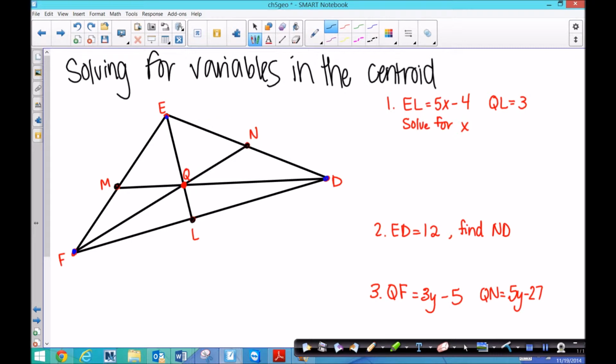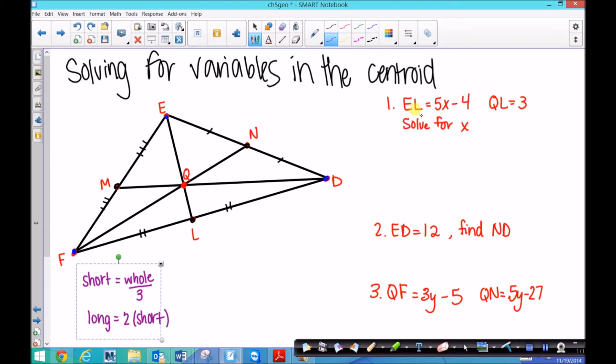So that means that EN and ND are congruent, as well as LD and FL, and also FM and EM. And that's the first thing that we know. And just for reference, I'm going to go ahead and write down our formulas from the last page. That would be that the short is the whole divided by 3, and that the long is 2 times the short.